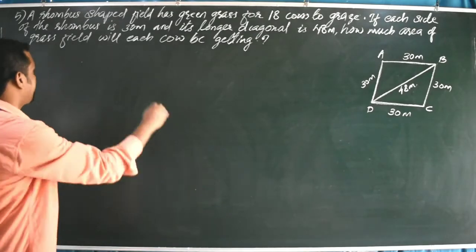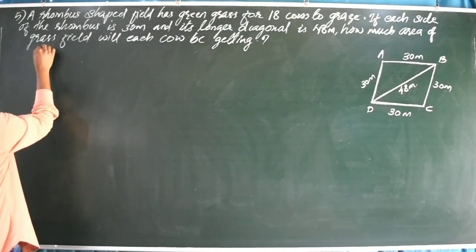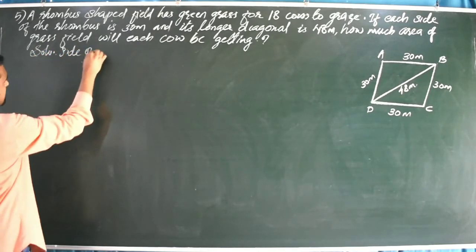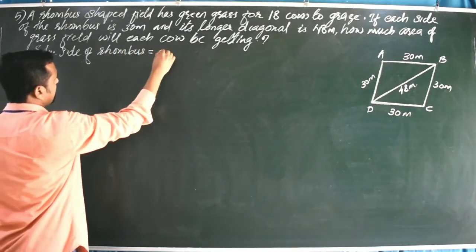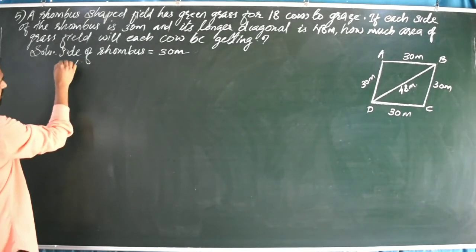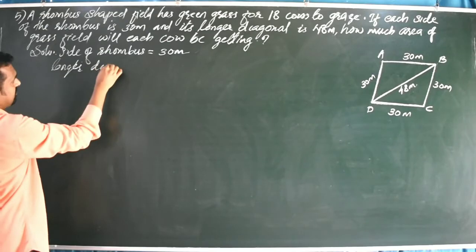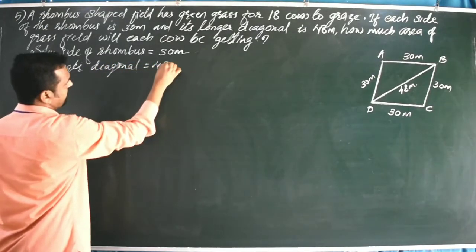Okay, now first we have to write the given values. Side of rhombus is equal to how much meter? 30 meter. Longer diagonal is equal to how much meter? 48 meter.